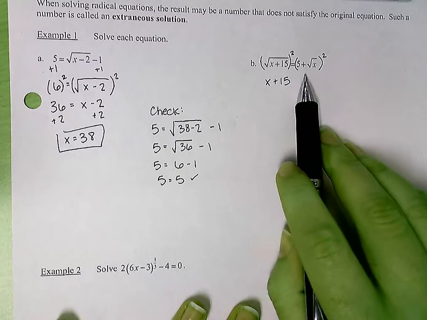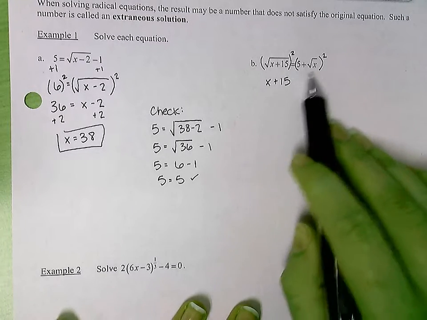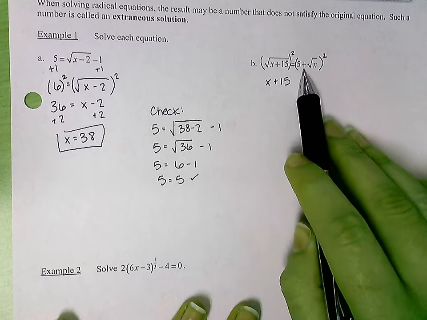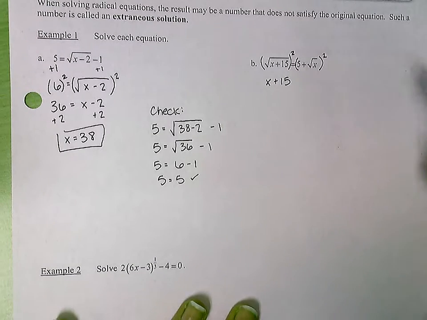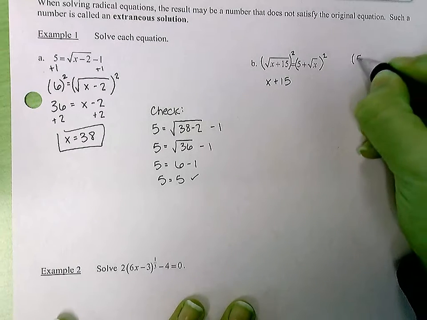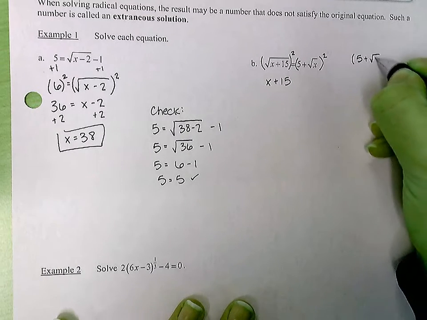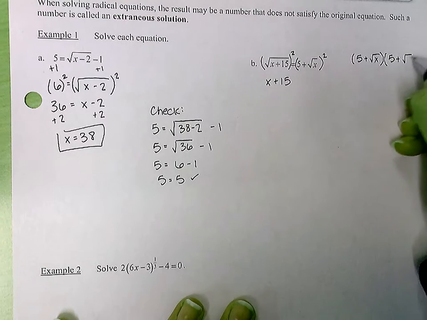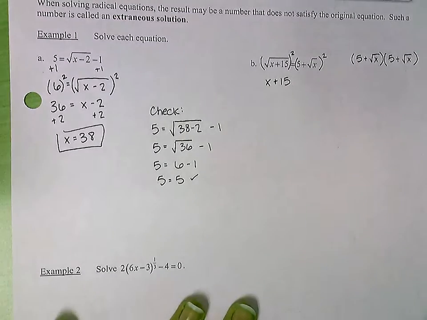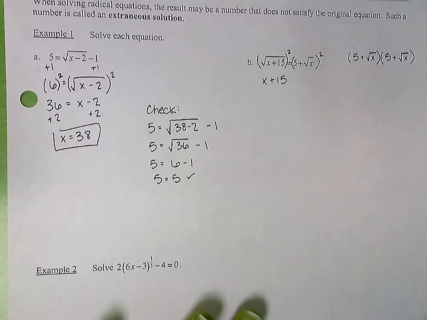However, on the right, you have this addition between your two numbers. That means you need to FOIL this. So if you need to, off to the side, write 5 plus the square root of x times 5 plus the square root of x.